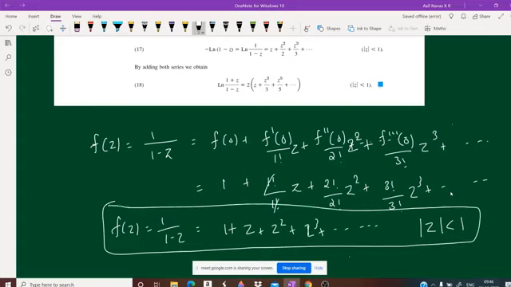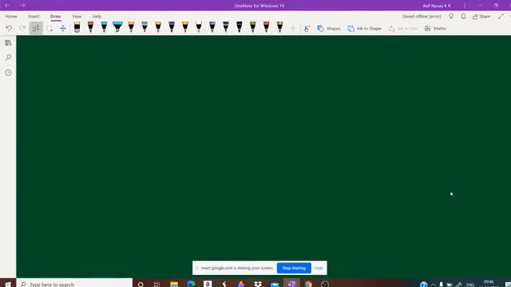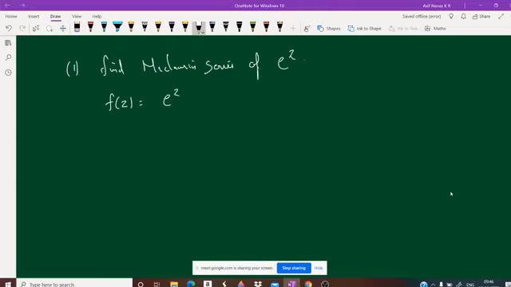Okay, now I will give you another question. Find the Maclaurin series of e raised to z. So here given f of z is equal to e raised to z.